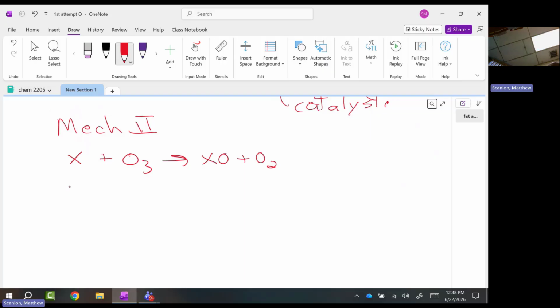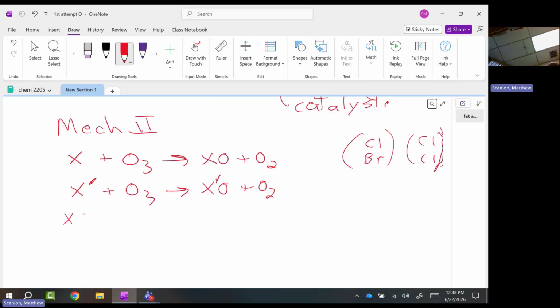Then we have a different X, we call it X prime. So this requires two different catalysts. It could be chlorine and bromine, or it could be chlorine and chlorine. It doesn't matter. There's just two of them, but they don't have to be the same. That's all that means. X prime plus O3 yields X'O plus O2, then XO plus X'O yields XOOX', which then yields X plus X' plus O2.